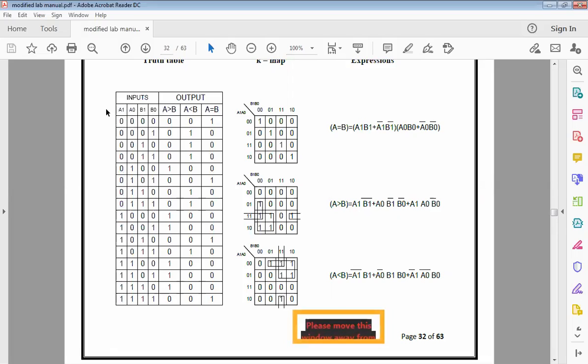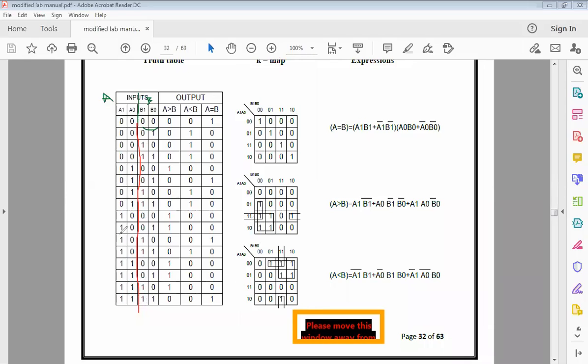Here you can think of a logical separator: A1 A0 can be treated together as A, and B1 B0 together as B. If we draw a line here, it will be easy for you to separate the values between A and B.